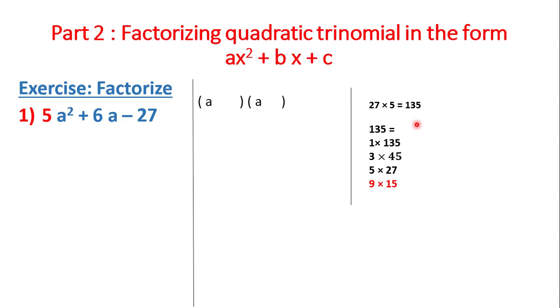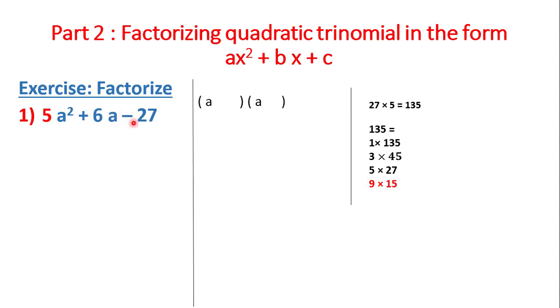Then I'll choose two numbers. Their summation or subtraction equals 6. Here I have 9 and 15 because 15 minus 9 equals positive 6. So the sign of 15 will be positive and the sign of 9 will be negative.